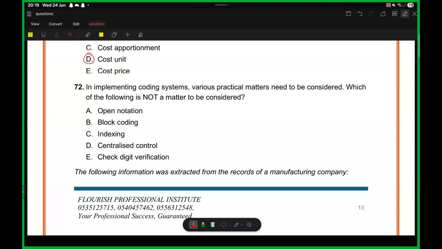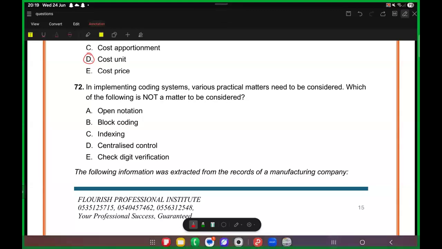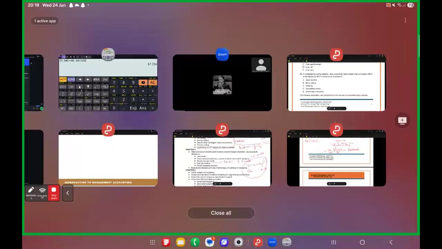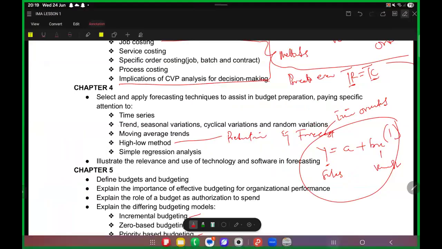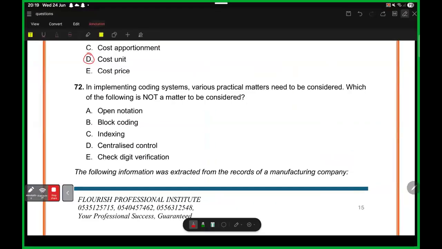I know this one is not within the syllabus, but it's under the IT systems over there. They will try and bring it. So I'm trying to bring it so that your mind will come to that. When you look at chapter 4, they say illustrate the relevance of use of technology and software in forecasting. So in forecasting, sometimes they try and bring some IT related questions. That's why I brought this.